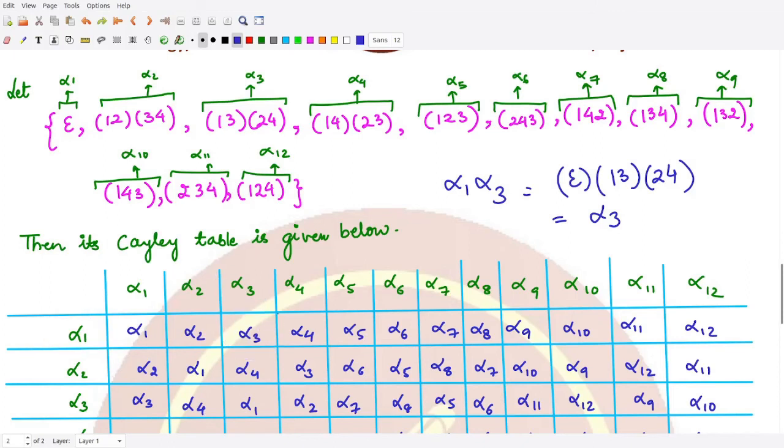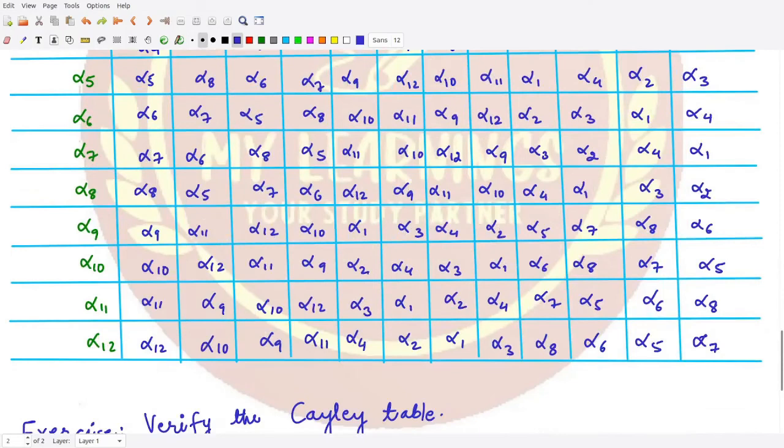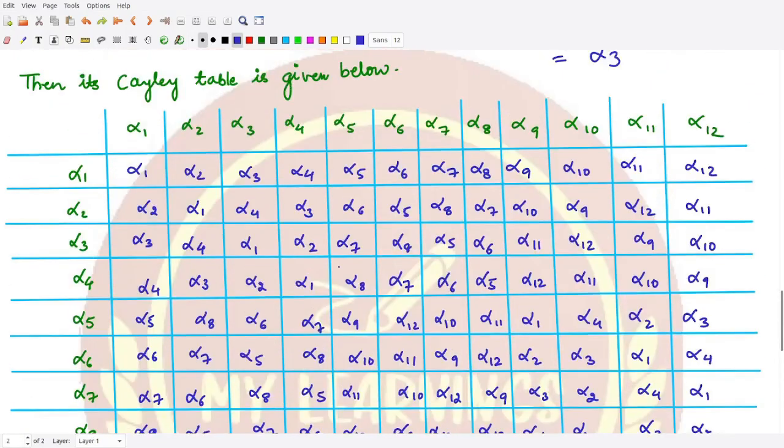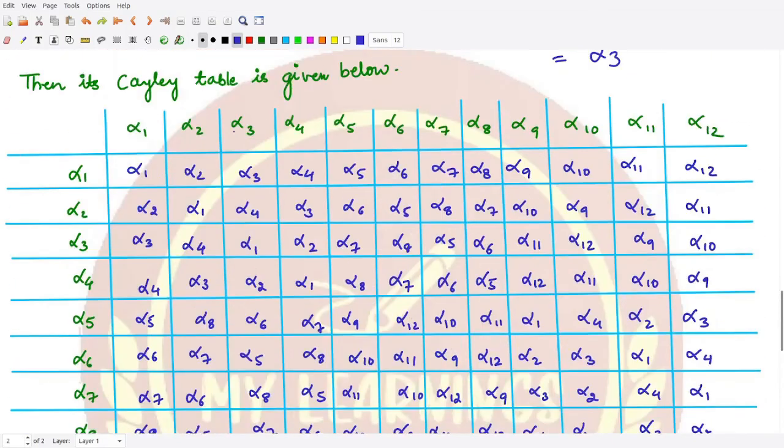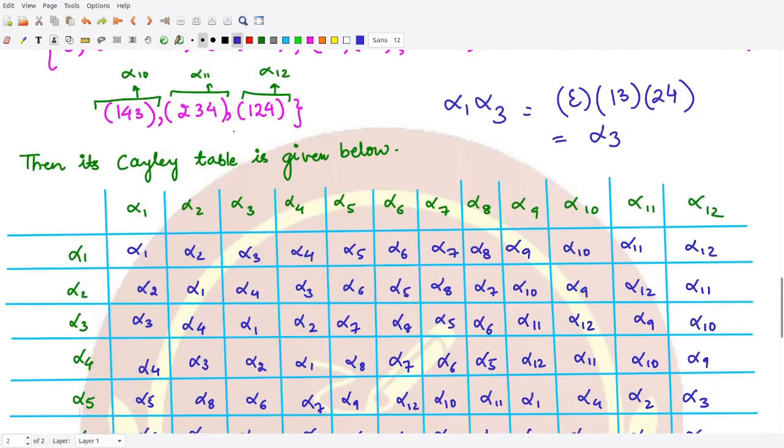In a similar manner you could calculate all these permutations. With 12 entries here and 12 entries there, in total 12 into 12 calculations would be required to complete this table. After performing this, you would have the table.